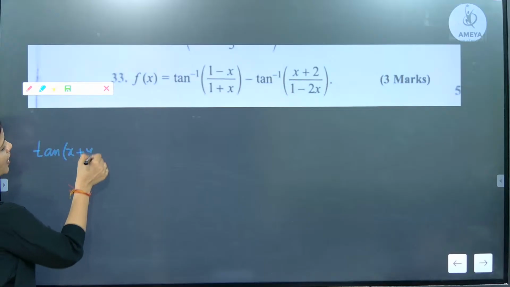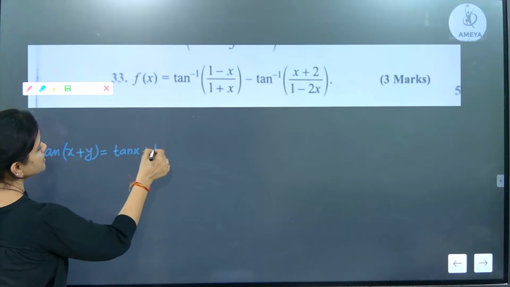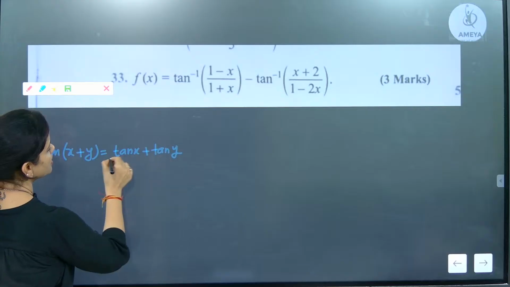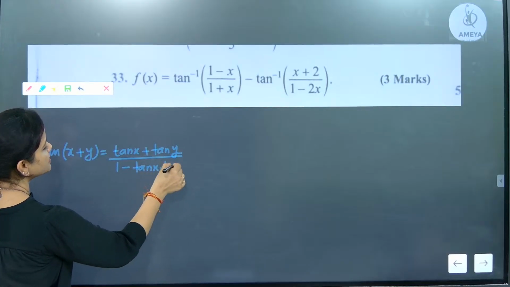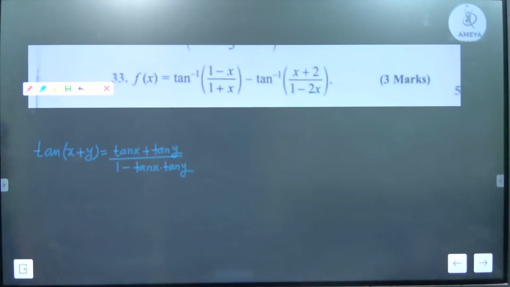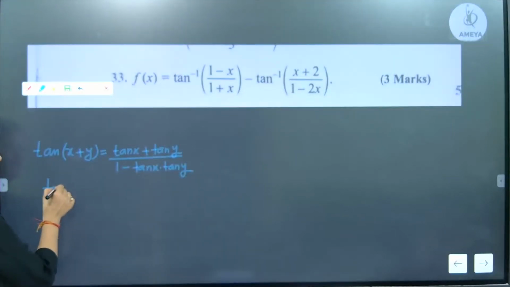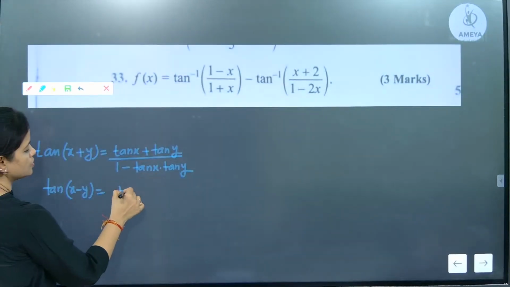tan(x + y) = (tan x + tan y) / (1 - tan x tan y). This is the formula. Second, first listen to me.